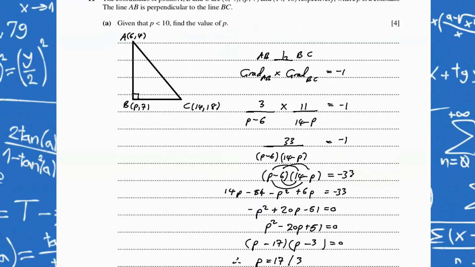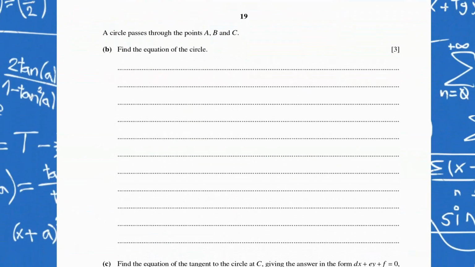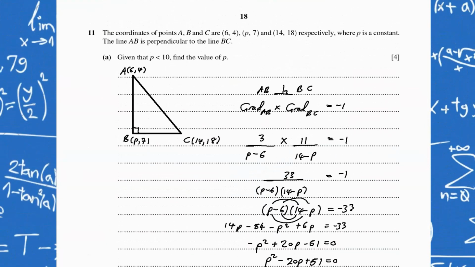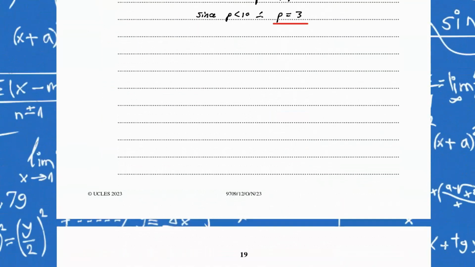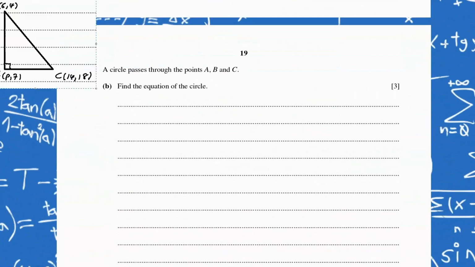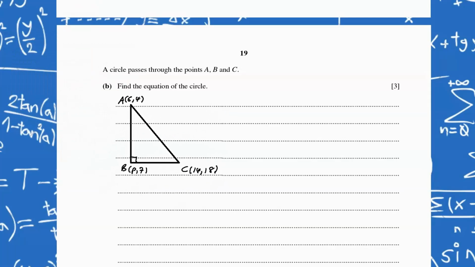Let's move on to B, which says that a circle passes through the points A, B, and C. Find the equation of the circle. So using the diagram which we have already, I'll just copy it and paste it down here. This is the diagram we are going to use, which looks good.